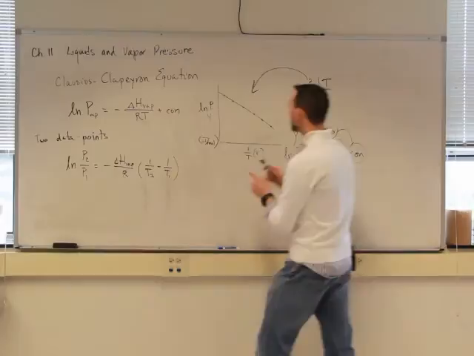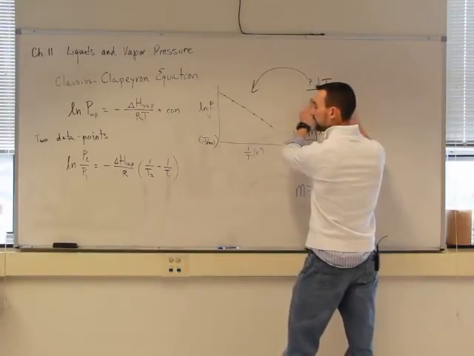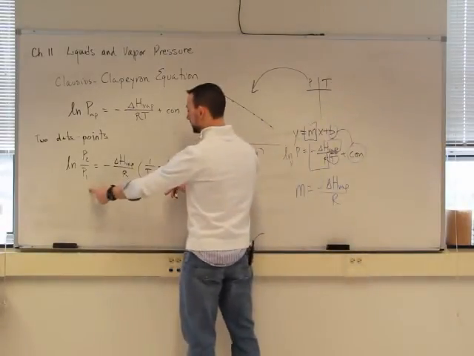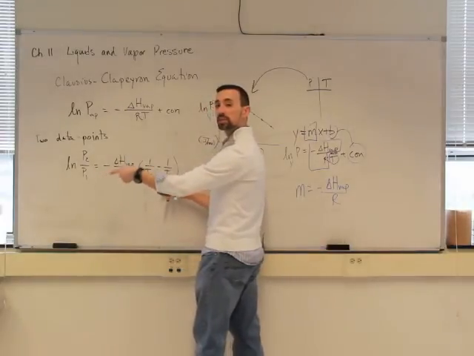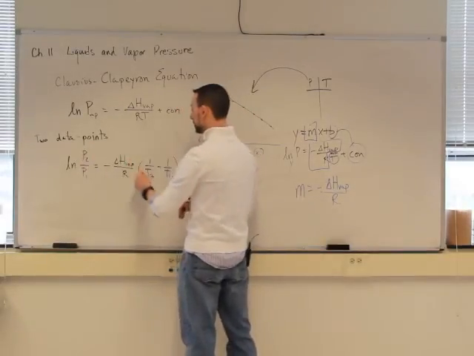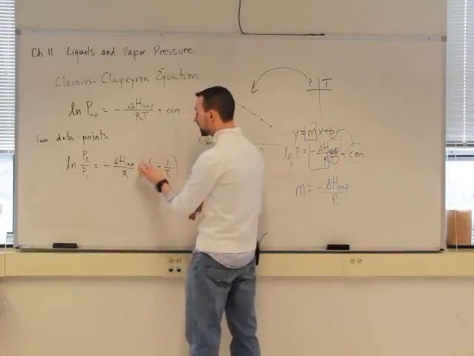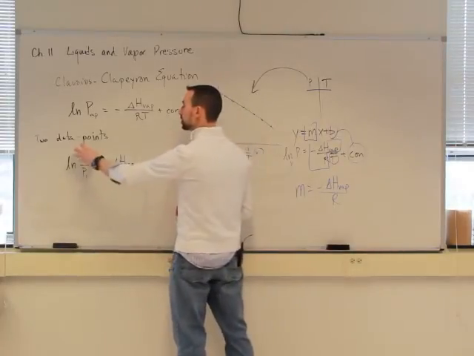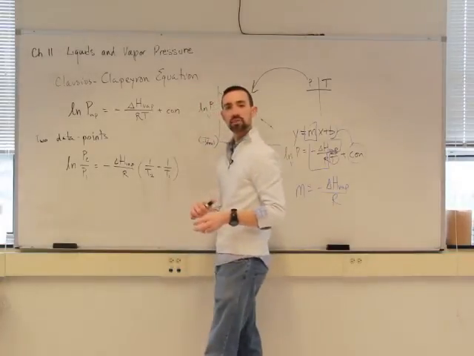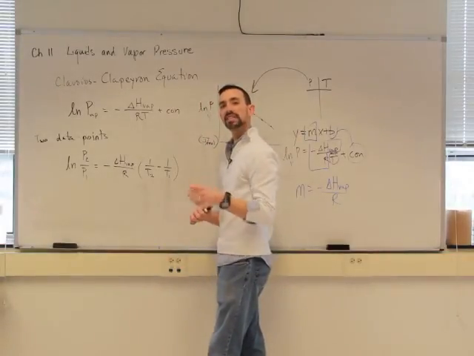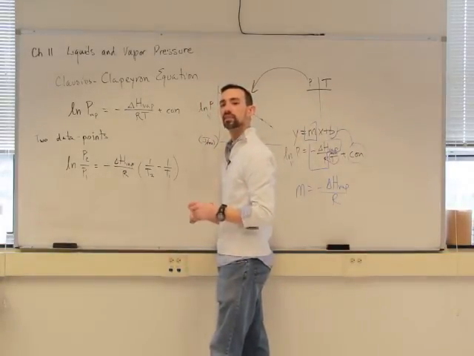If you know one pressure-temperature combination, a P1 and a T1, you can predict the vapor pressure at a different temperature. Or you can predict the temperature required to have a certain vapor pressure that you might be after. That's how we can get the boiling point of a substance.